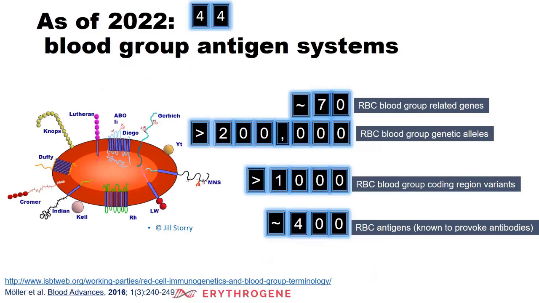We want to acknowledge that since the fall of 2022, there are 44 blood group antigens listed to date and over 400 red cell antigens from among over 1,000 blood group coding region variants, not all of which are immunogenic, though probably more than this evident 400 are, because not every human immune system has encountered all of these coding region variants to see how immunoprovocative they might be.